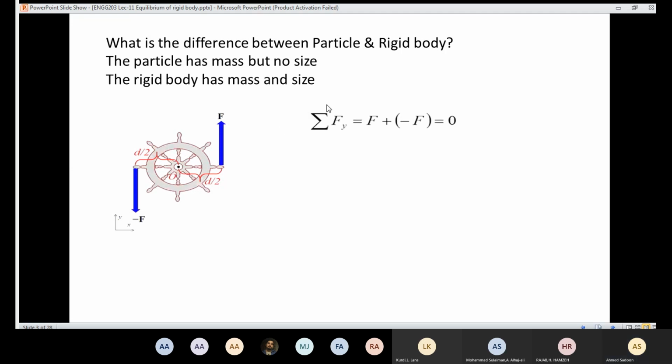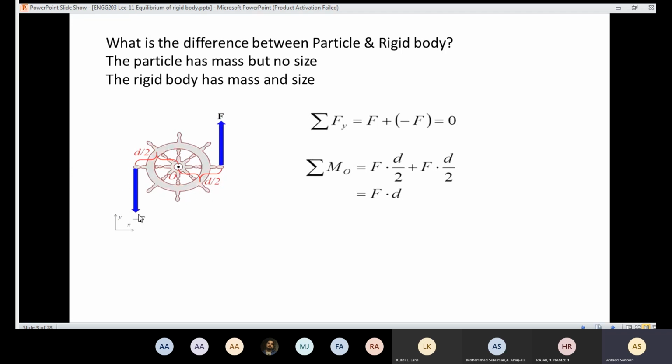So if you say that the summation of the forces in the y direction, you are going to have F and minus F, and the summation is 0. But if you take the moment about this point here, let's call it O, I'm going to find that F times D over 2 is positive.